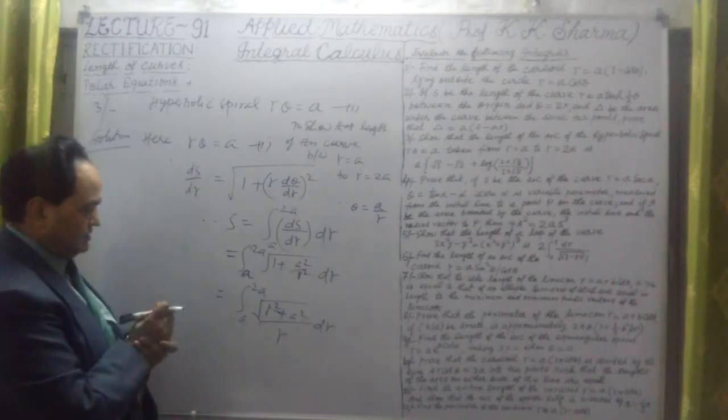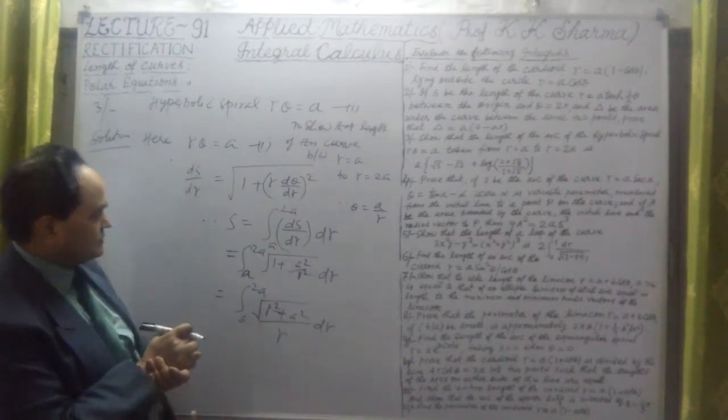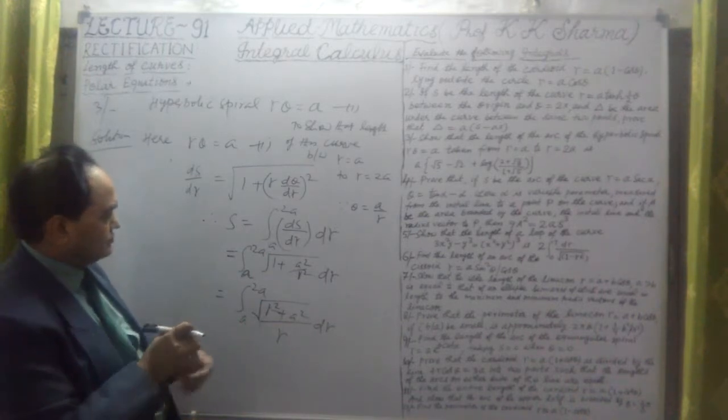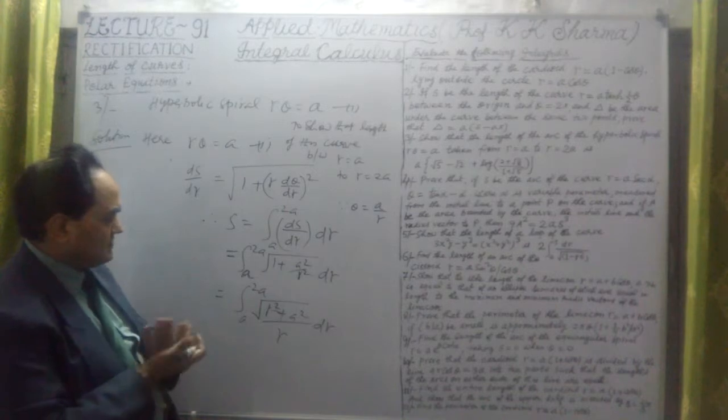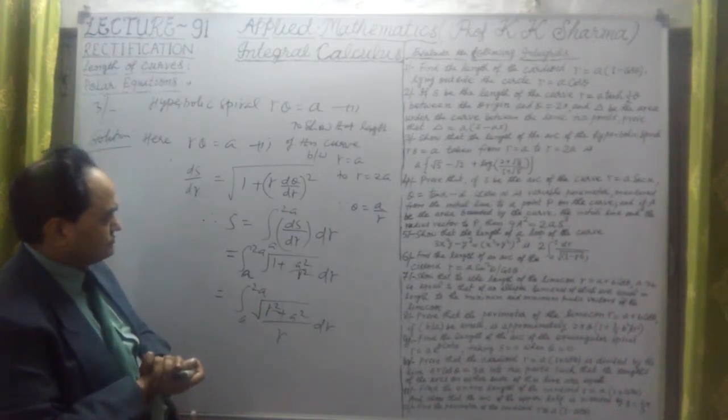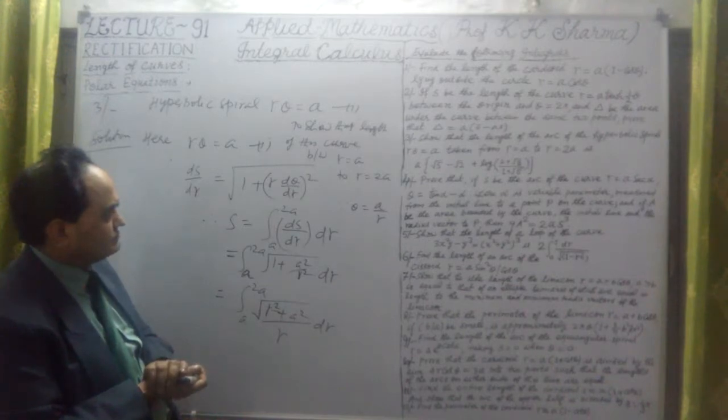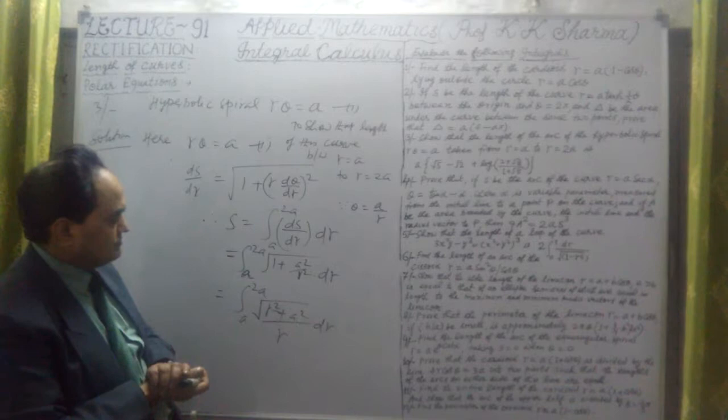Okay. Now we have to integrate this. So integration of this can give us, if I put r equal to a tan theta, and solve it, then it will be integrated.